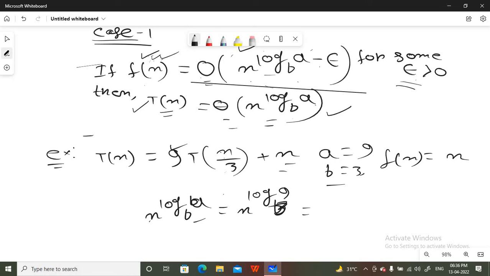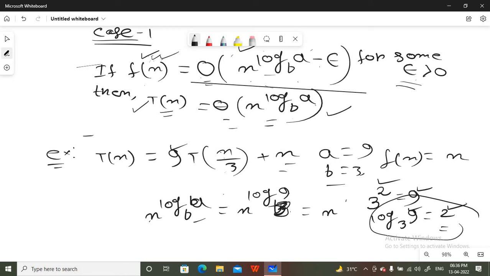So it is very easy to determine, because log base 3 of 9: 3 to the power 2 equals 9, so log base 3 of 9 equals 2. So n to the power 2, it is n square.